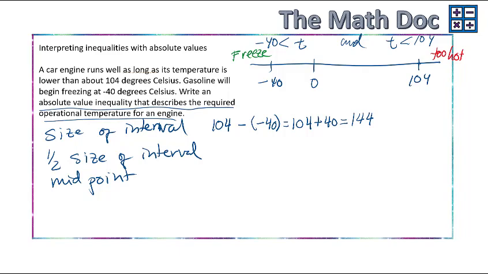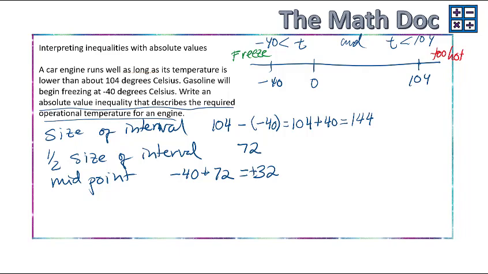Okay, what is half of our interval? What is a half of 144? That's exactly 72, right? 140 divided by 2 is 70. Then we divide the 4 by 2, that's another 2. So we have 72 here. What is our midpoint? Well, let's start with negative 40 plus 72. That will be equal to plus 32, right? Let's also look at the other direction.